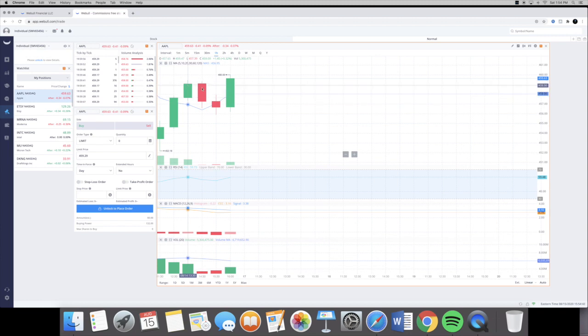Now, the red candle means the opposite. The red candle means the top, that's at that time at 14:30, right? At 14:30 the stock opened at $459 with 9 cents, but during that hour the stock went all the way down to 457 with 27 cents, right?